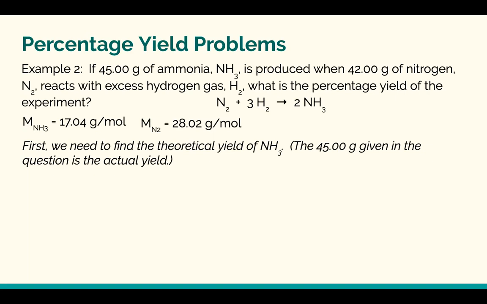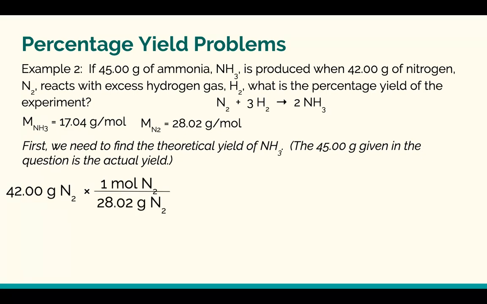The 45 grams that's given in the question is actually the actual yield, so we're not going to use that in our first calculation. We're going to take the 42 grams of nitrogen and figure out what our theoretical yield of ammonia could be. So we'll start with our 42 grams of nitrogen. We'll multiply that by the molar mass of nitrogen.